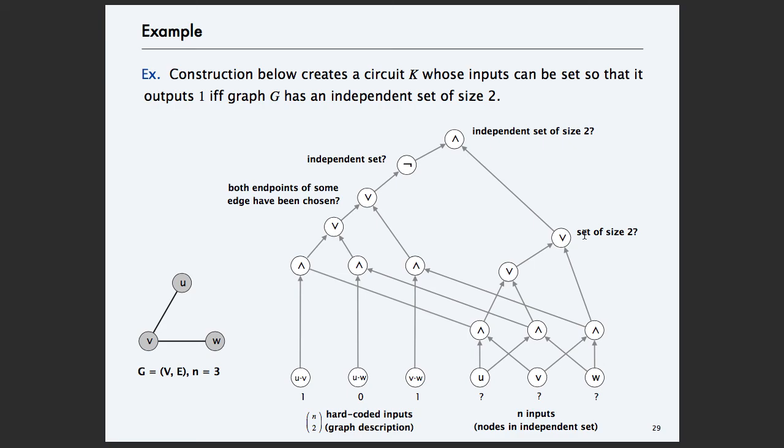And you could actually, if you remember your architecture or your logic, come up with the circuit on your own.